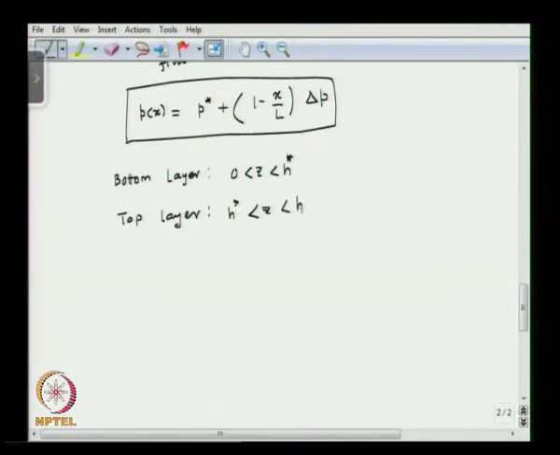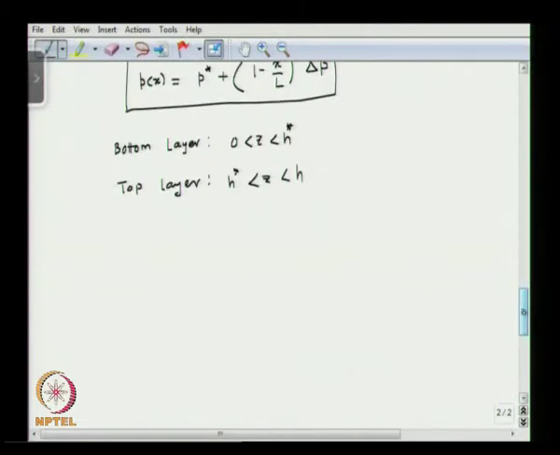So in the two domains we can write the velocity: uz equal to u1 of z when 0 is less than z less than h star, and it is u2 of z when h star is less than z less than h.